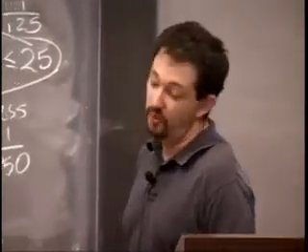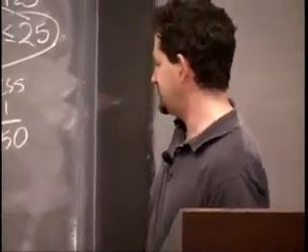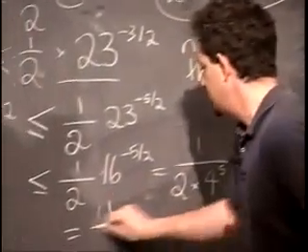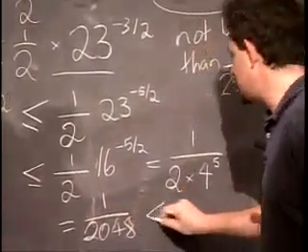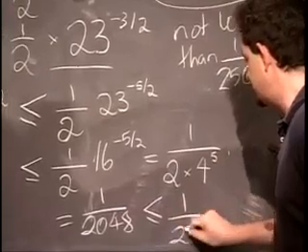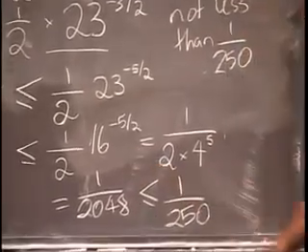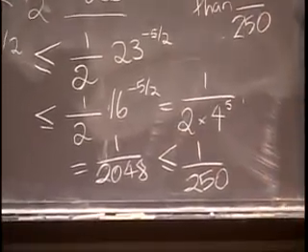So it happens to be 1024. So this is 1 over 2048. It's really not important what it is, as long as it's less than 1 over 250, which it is. So we have verified that when n equals 2, we're golden.